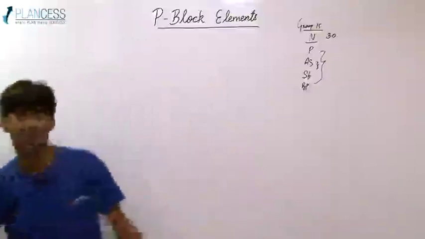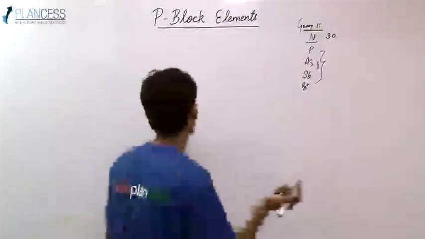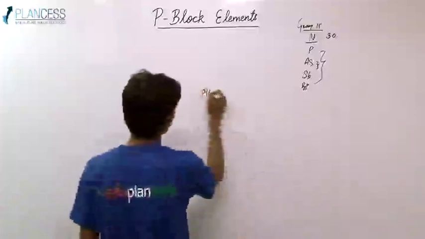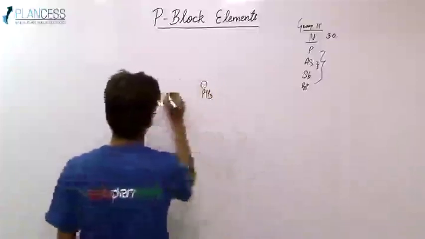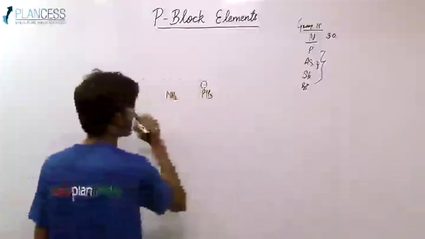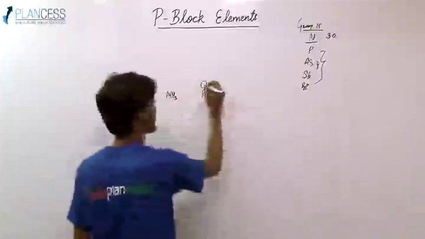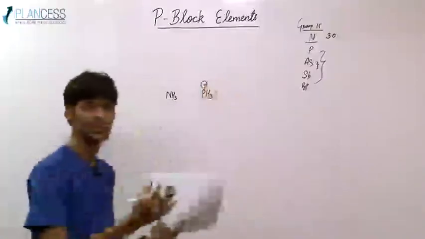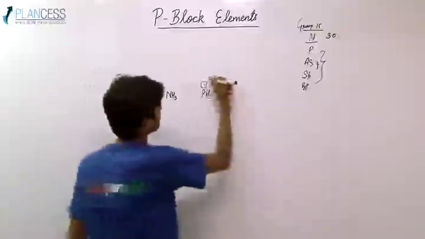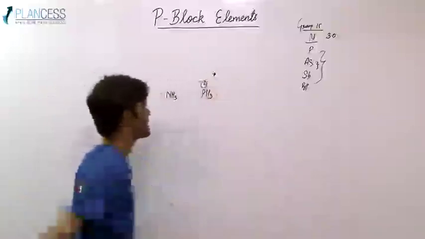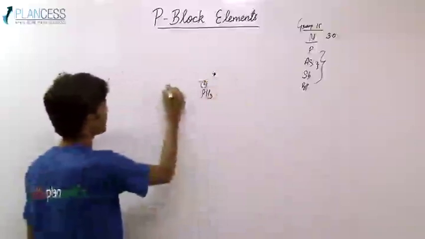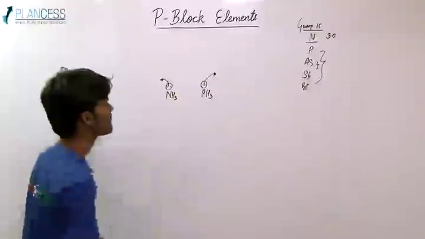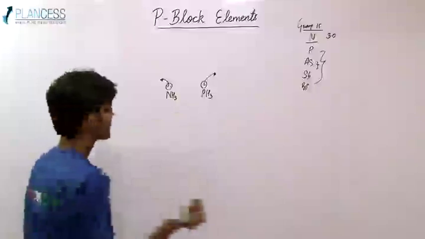The lone pair resides in the spherical s orbital, which makes PH3 less basic as compared to NH3, because we know that s orbitals are spherical in nature, so its tendency to donate its electrons will be very low. However, NH3 will donate its electrons more easily, so PH3 is a weaker base than NH3.